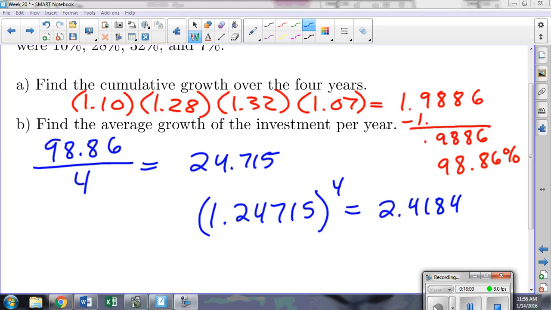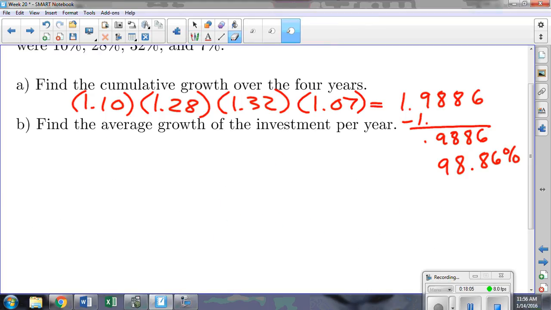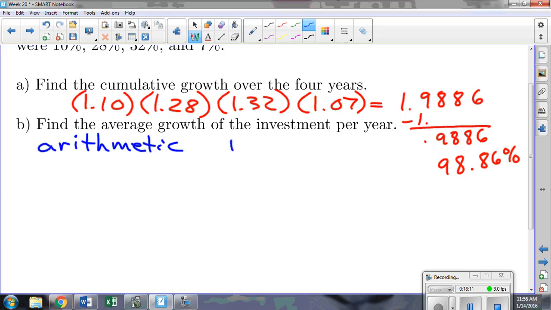Up until this point, most students have only ever worked with the arithmetic average. When you do the arithmetic average, you add up the different values and divide by how many there are. Well, when we are doing our calculations, were we adding numbers? No. So it doesn't make sense to do an arithmetic average. Instead, you need to do the geometric average.